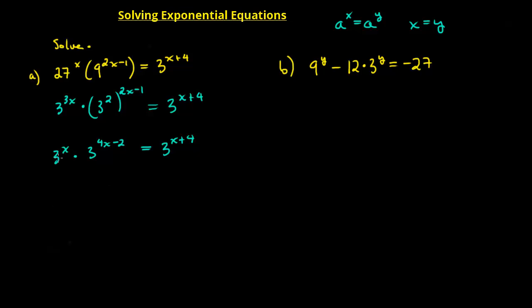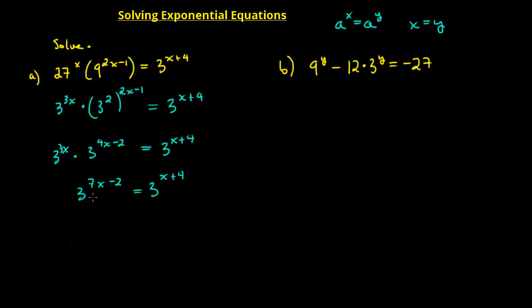Oh, whoops, sorry, I'm missing a 3 here. This should be 3 to the power of 3x, not 3 to the power of x. Now I'm multiplying two powers with the same base, so I can add their exponents. I'm adding 3x plus 4x minus 2, which is 7x minus 2. And that should be equal to 3 to the power of x plus 4.